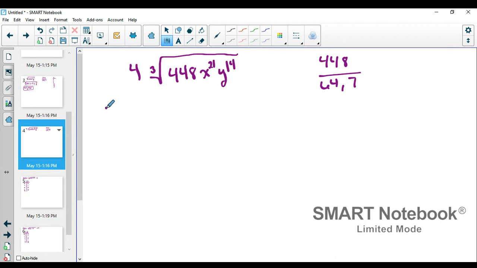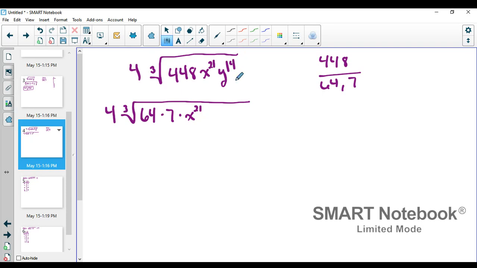So we have the 4 out here, and then the cube root of 64 times 7 times, now 21 is a multiple of 3, so we do not have to change the x at all. We're going to leave it as x to the 21st power.